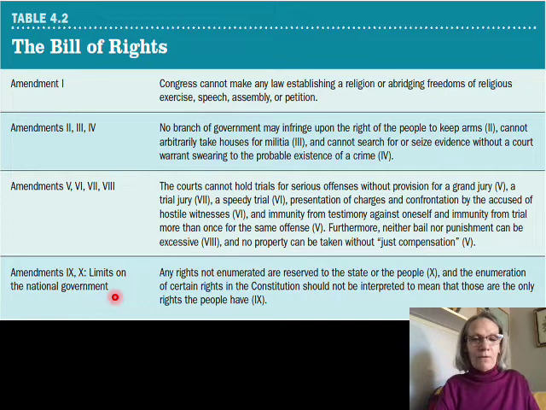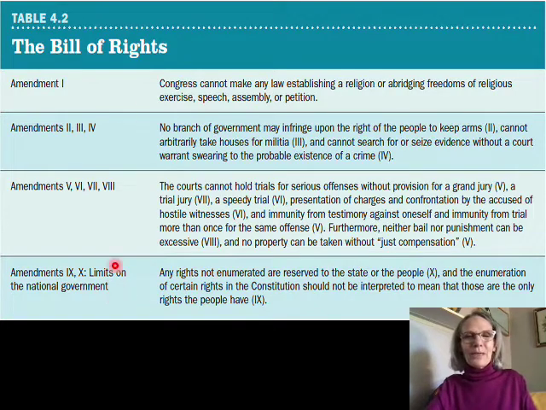Amendment 9 is one of my favorite amendments because it deals with Madison's worry. It says that just because a liberty isn't written and enumerated within the Bill of Rights doesn't mean that it is not retained by the people and the states. The Ninth Amendment is saying that there are these implied liberties. Just because it's not written down doesn't mean that you don't have those freedoms. So make sure you take a look at that table.